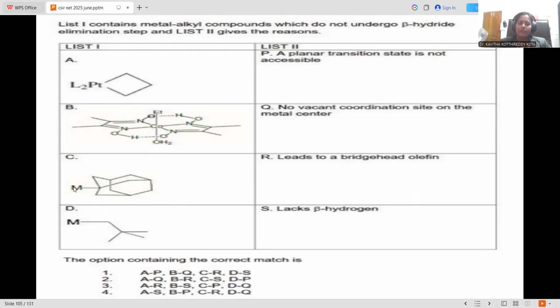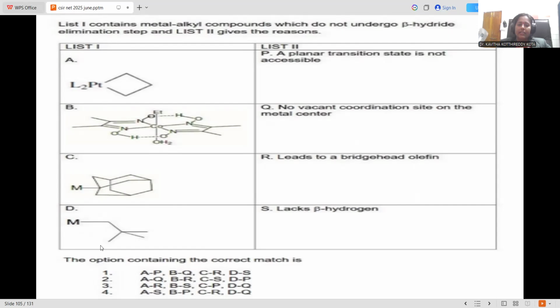If you take the metal directly linked with this bridgehead norbornyl system, it leads to bridgehead olefin formation. The bridgehead carbon would participate in double bond formation after beta hydride elimination, which is perfectly prohibited in accordance with Bredt's rule. That's the reason why C with R is the correct match.